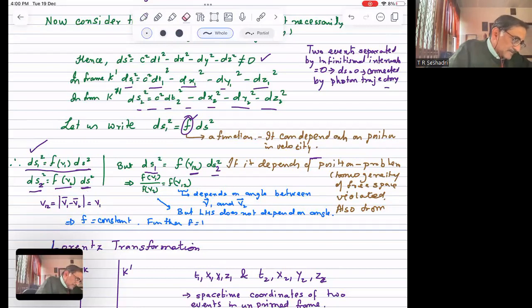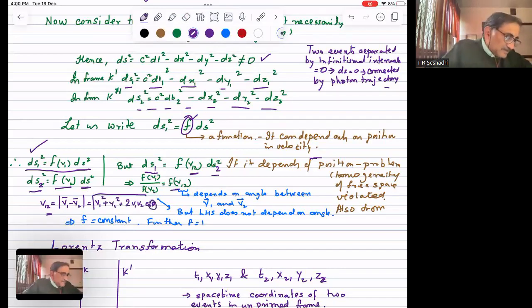Which means the right-hand side depends on the angle between the two directions. Now, this cannot be true in general if on one side there is no dependence on angle, and on the other side you have dependence on angle. The only way this can be satisfied is when f is equal to a constant.